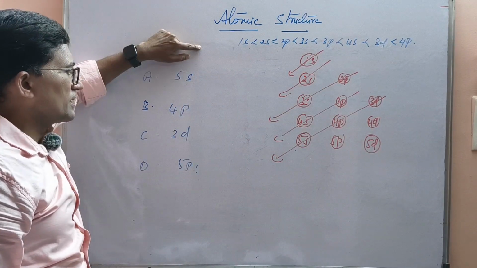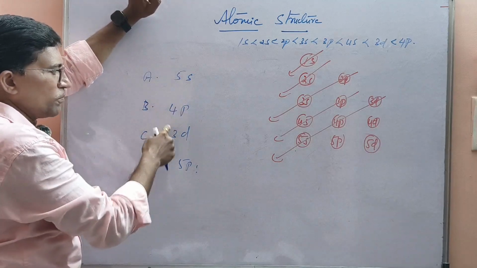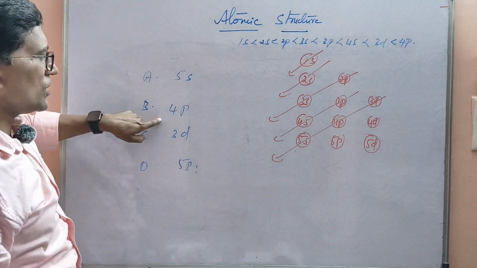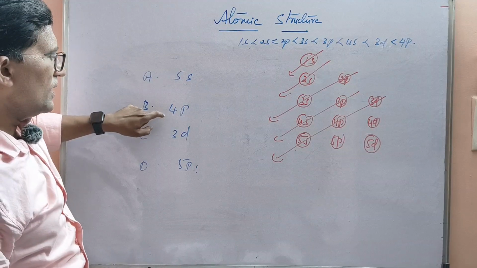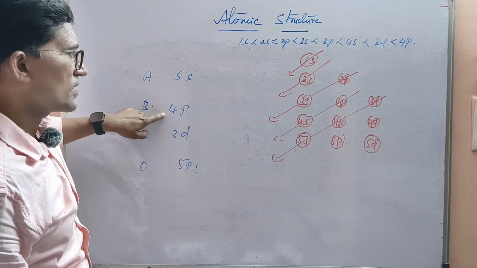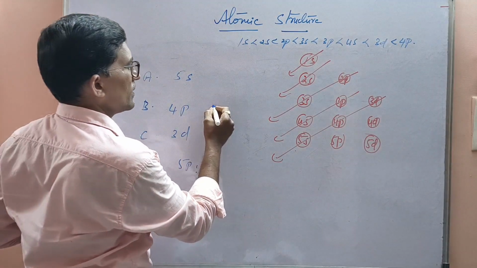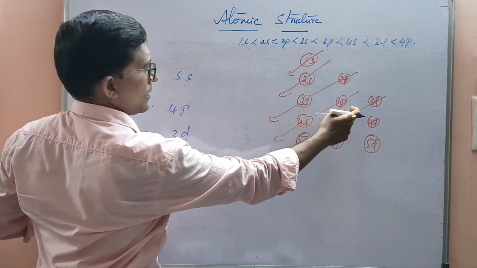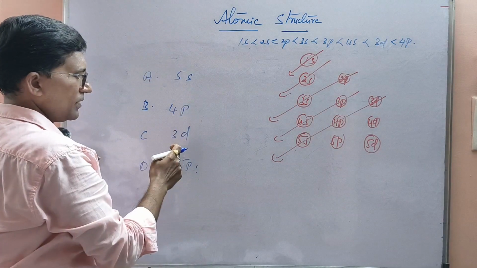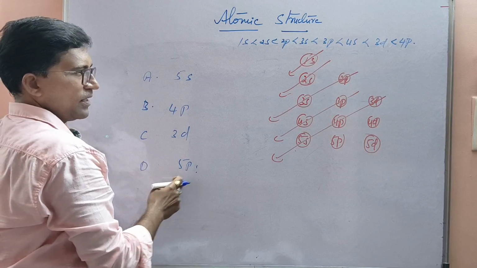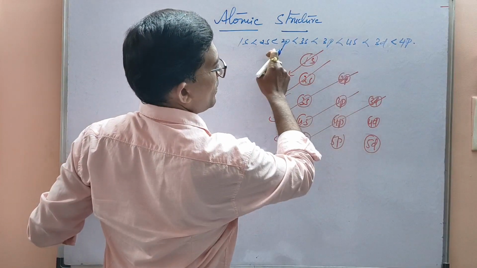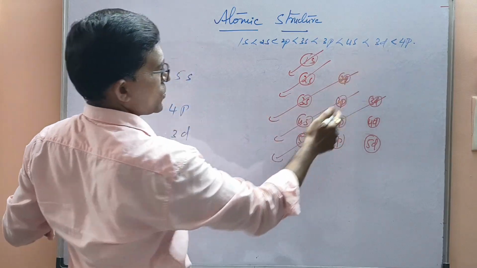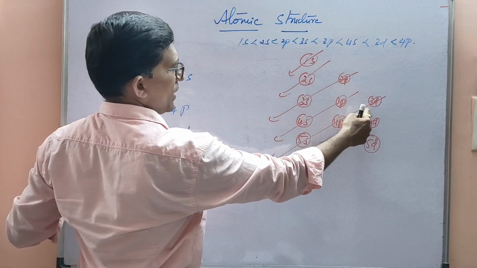Among all these orbitals, 1s has the least energy. Now here he has mentioned 5s, 4p, 3d, 5p. Among all these orbitals, which has the least energy? That is 3d.